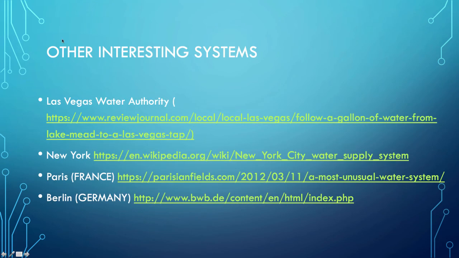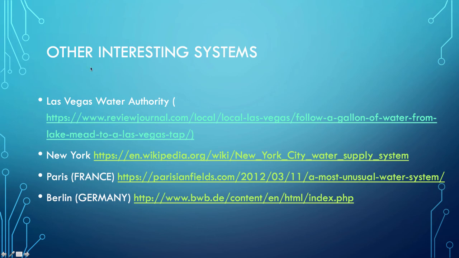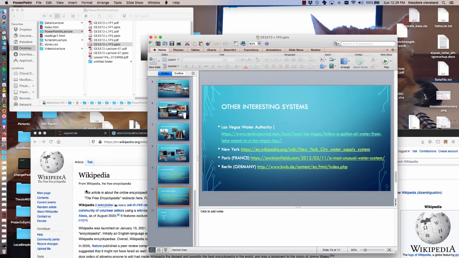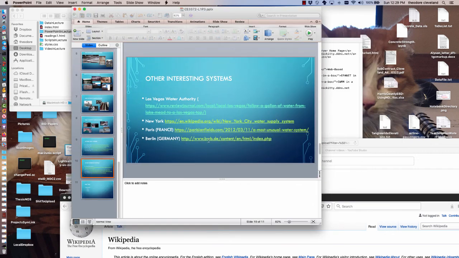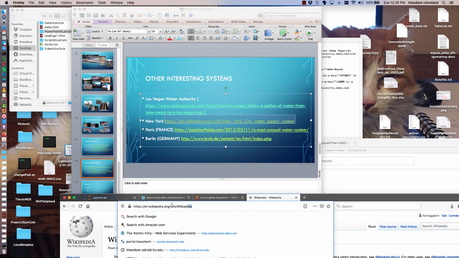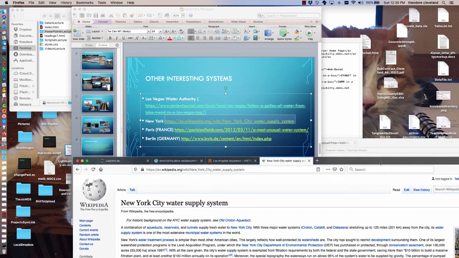That's being annoying. We can also look at Las Vegas Water Authority, New York City Supply, and Paris and Berlin. And let me escape and see what I can find on Wikipedia. Since I have the URLs, we'll try it this way. Copy. Paste. Fire. Okay, New York is there.